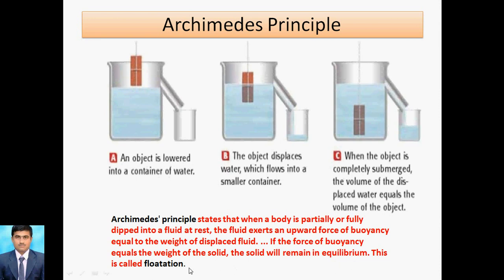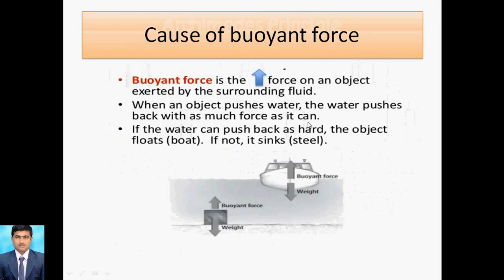This is called flotation. This is regarding Archimedes principle. Always remember that whenever the buoyant force is equal to the weight of the object, the solid remains in equilibrium. This is called flotation.